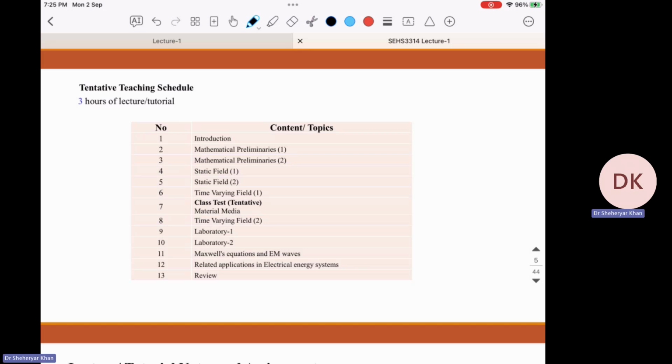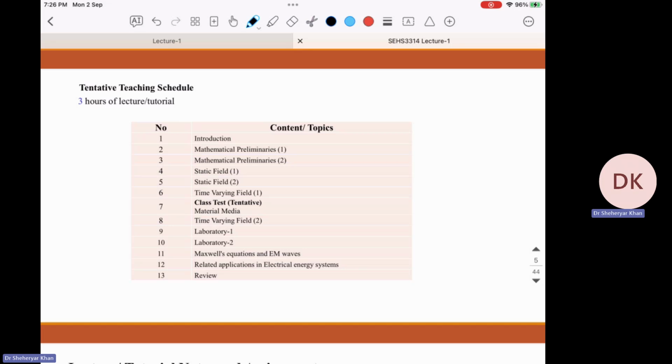In time varying fields, we see how we can use this for some interesting applications. One of them is, I would say, the mother of all foundations: the generation of electricity. How electricity is produced is actually due to this, what we call electromagnetic induction. It's how the electricity is induced, right?